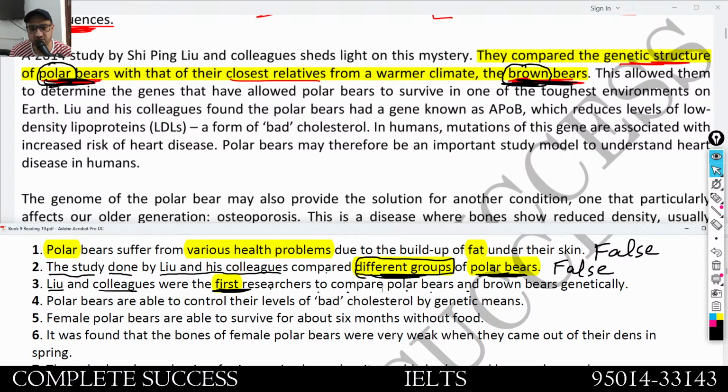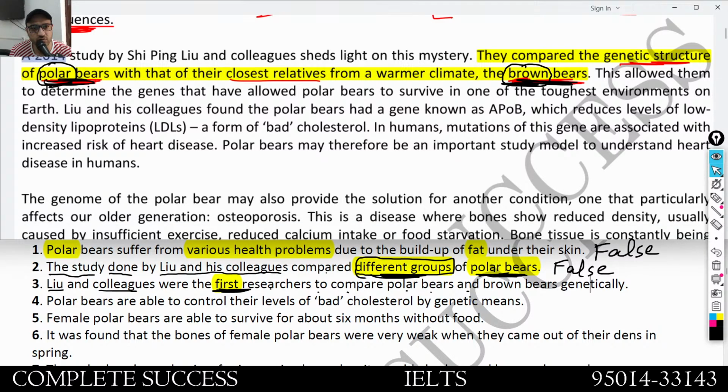Now we need to understand, were they the first researchers? Before that sentence, there is, in a 2014 study, Lee and colleagues shed light on this mystery. But again, we can't say that they were the first researchers. There are chances that research had been done on them before they did. So this allowed them to determine the genes that have allowed polar bears to survive one of the toughest environments on Earth.